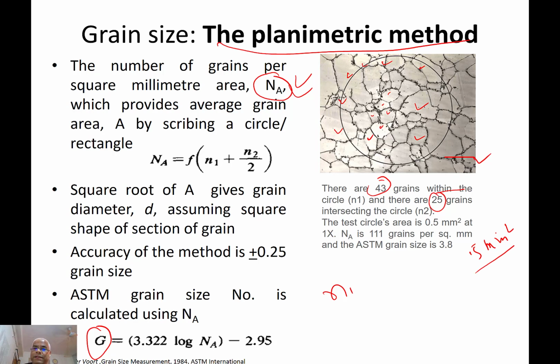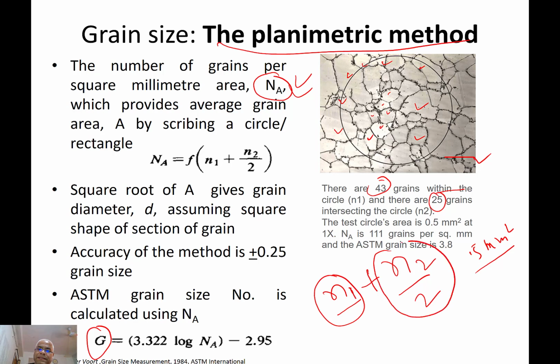There is a very simple equation for determining the number of grains per unit area. The number of grains which are within the circle will be counted as n1, and the number of grains which are being intersected by the circle at the circumference will be taken as n2, and then n2 divided by 2. So n1 is taken as full numbers of grains, and n2 is taken as a half number.